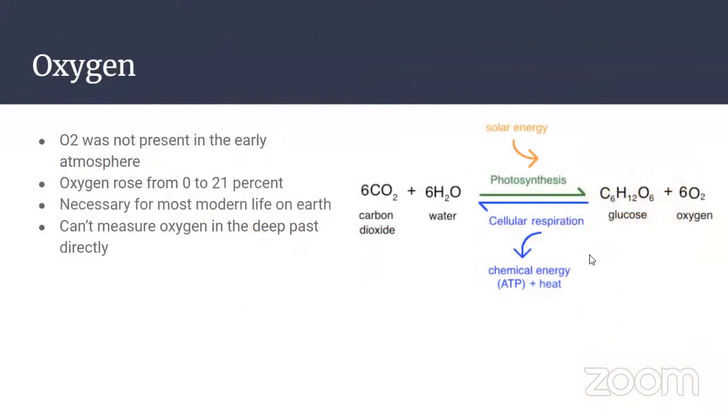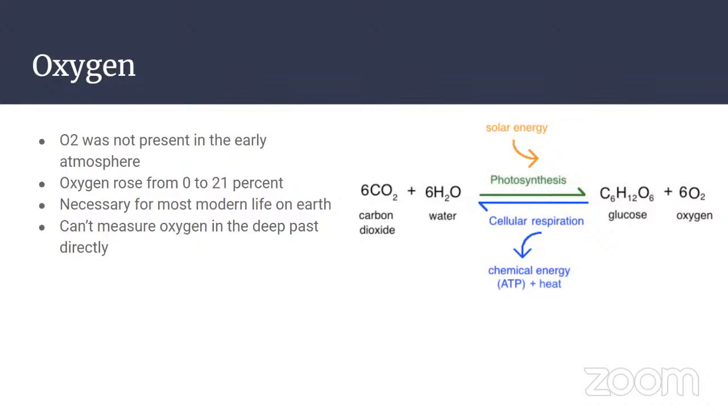All right. So the next thing that I want us to talk about is looking at oxygen. As we're thinking about the history of life, when we start, the Earth really doesn't have oxygen in that early atmosphere where we have these early cells forming.